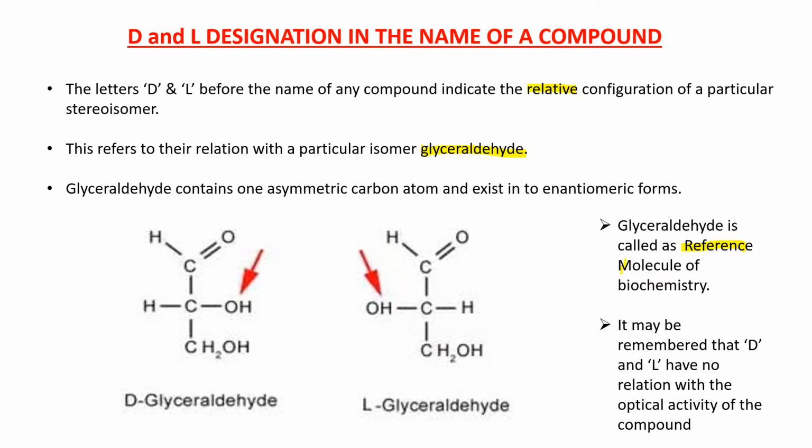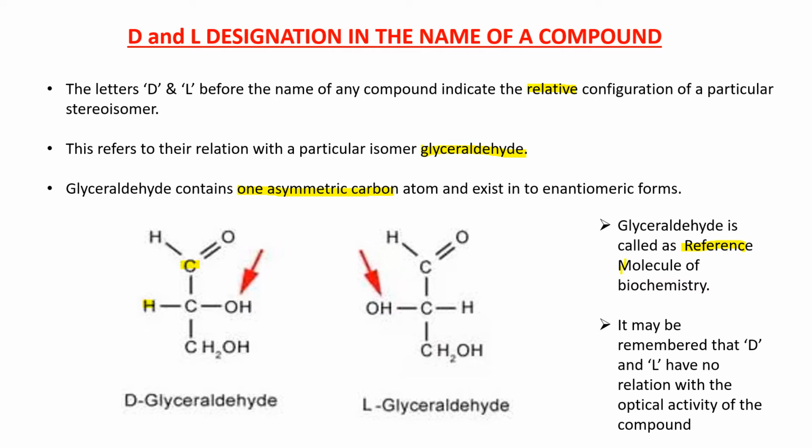Now we have to know why we have chosen glyceraldehyde as a reference molecule. Glyceraldehyde contains one asymmetric carbon atom. It means it contains one chiral atom. A chiral atom is an atom which has four different functional groups attached to it.